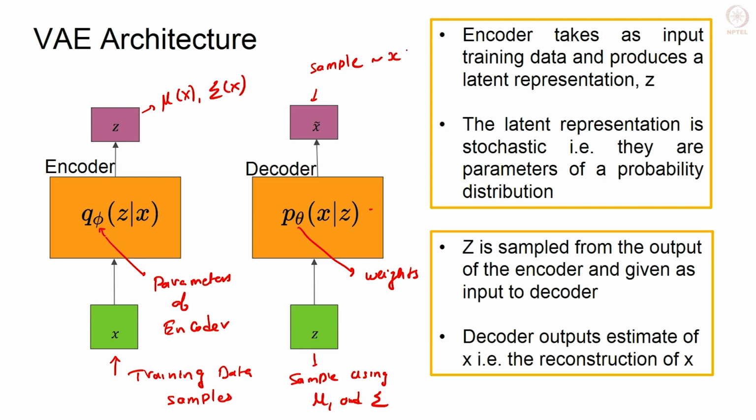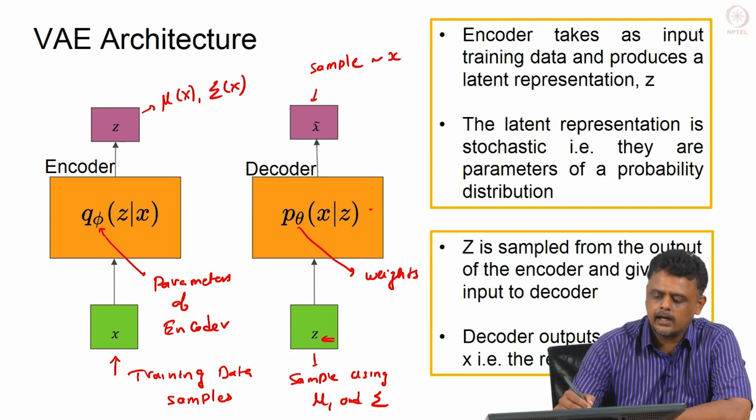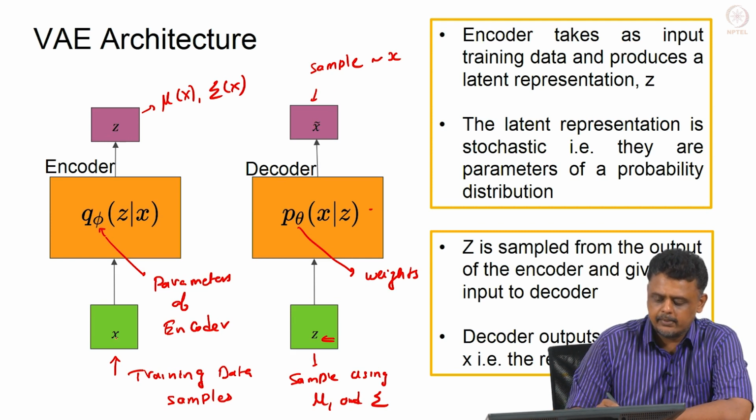Okay. So, in this case we have given a particular x as input from which we have sampled a z, and so we would expect the output x tilde to be the same as the x that we gave as input over here.